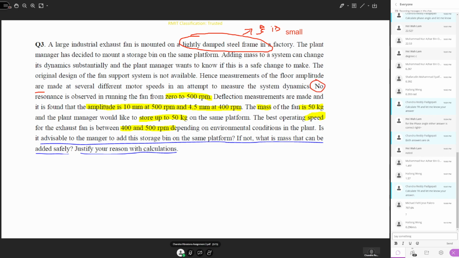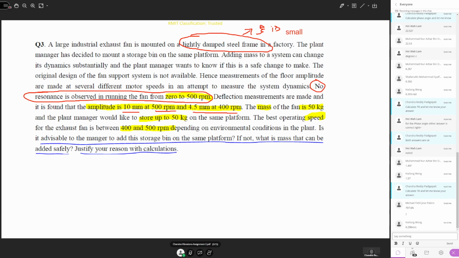Deflection measurements are made and it is found that the amplitude is 10 mm at 500 RPM and 4.5 mm at 400 RPM.